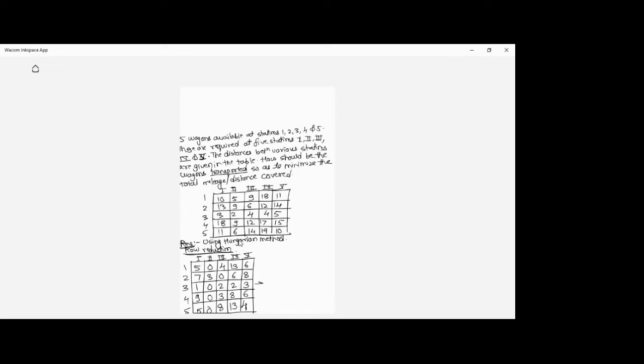So what we are going to do next is the column reduction. So we are moving ahead with the column reduction. So we have this as the nomenclature, right?